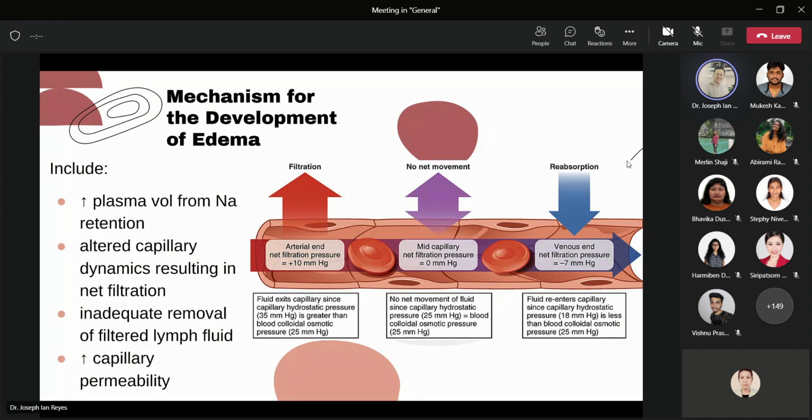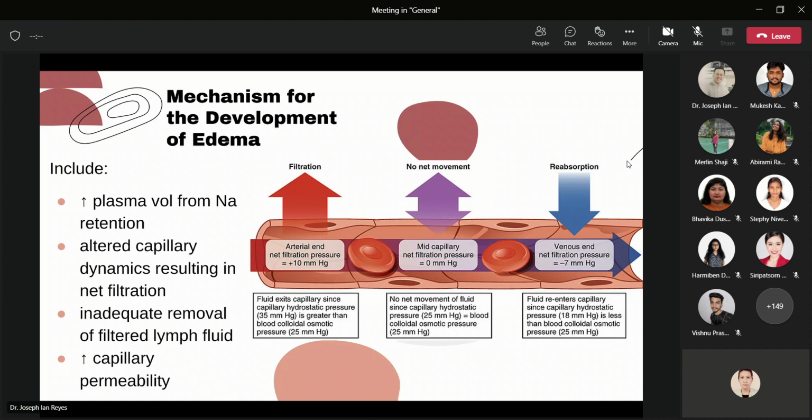So how does edema develop? If you have increased plasma volume from sodium retention, altered capillary dynamics resulting in net filtration, inadequate removal of filtered lymph fluids, lymphatic or venous obstruction, and increased capillary permeability, then you will have edema. So if you have those factors, then you will have pooling of your fluids in that particular area, mostly our feet, because of the difficulty of bringing that fluid back to our circulation.